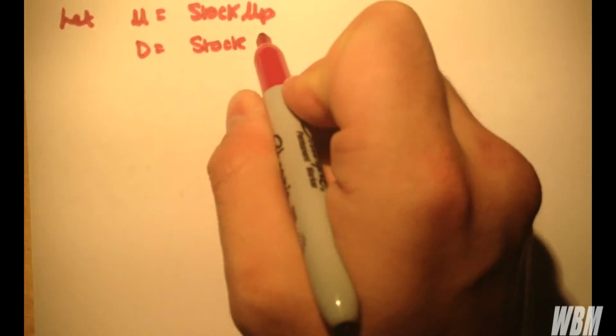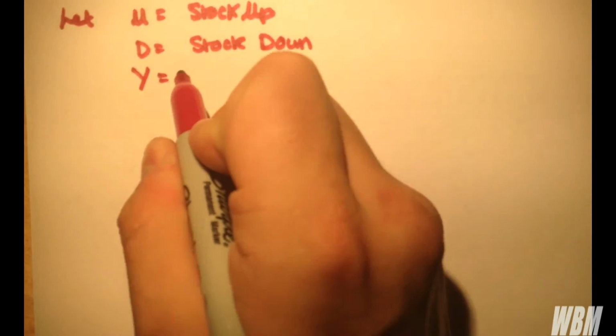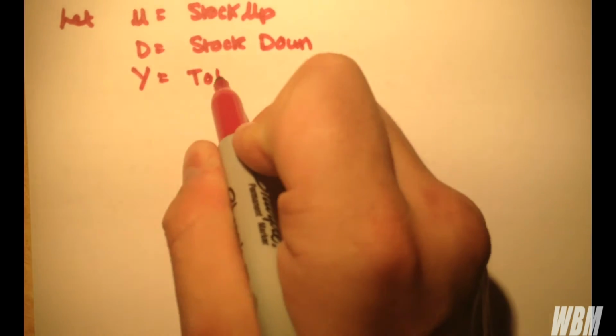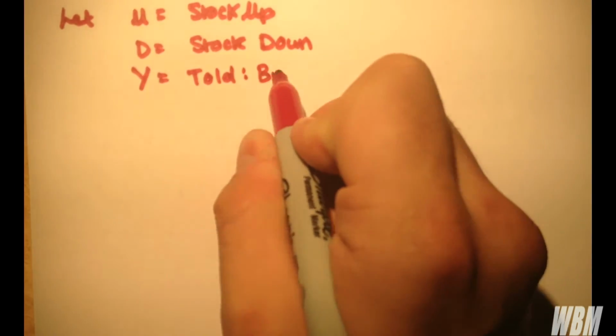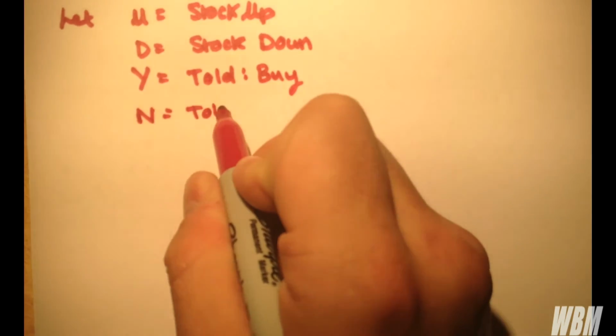So the trick here is to go from the left to the right. So we're going to let U equal stock up, D stock down. Y is if we're told yes by him, and N obviously is if we're told no, do not buy.